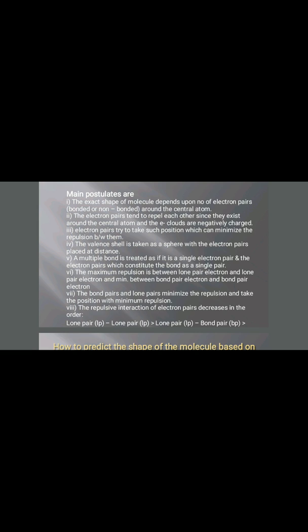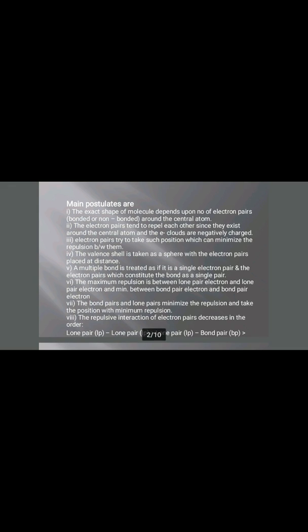Let us start with the main postulates of VSEPR theory. Number 1. The shape of a molecule containing only two atoms is always linear. Number 2. For molecules containing three or more atoms, one of the atoms is called the central atom, to which other atoms are linked.